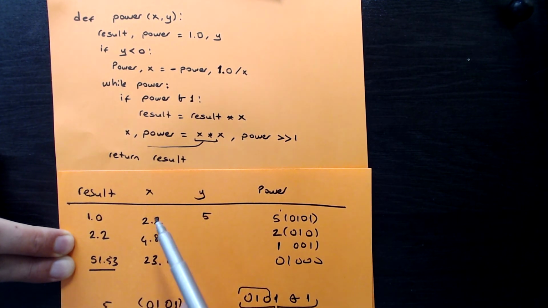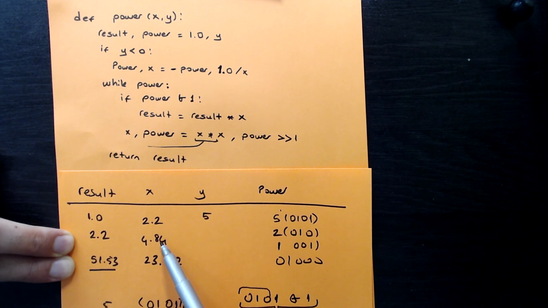So as you saw, what we are really doing here is that instead of multiplying 2.2 5 times, we multiplied it once, and the second time around we multiplied it with x to the second power, and the third time we multiplied by x to the fourth power, right? Each time we multiply, we are multiplying with a larger x, so that our iteration, which is y, would be going down further.